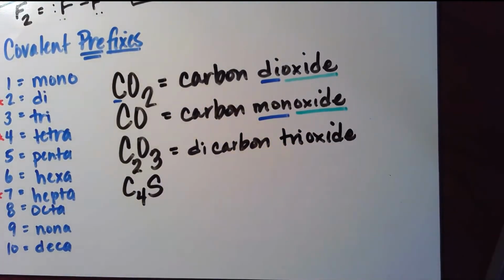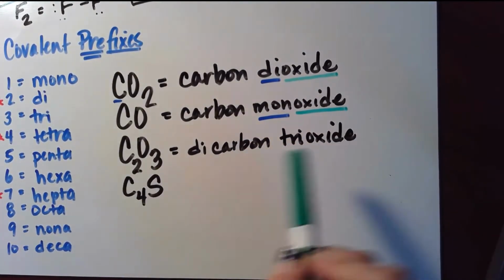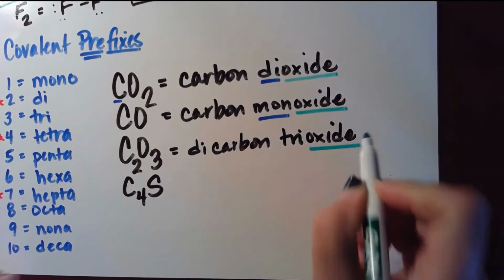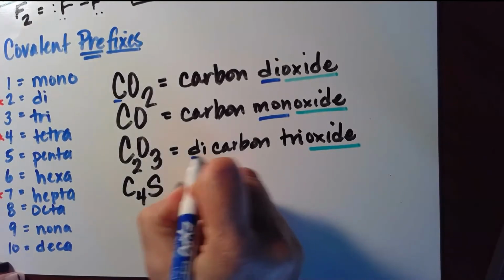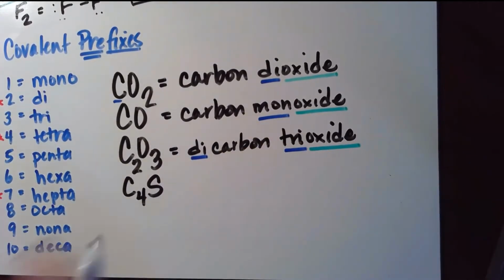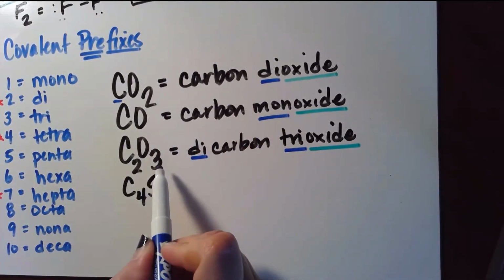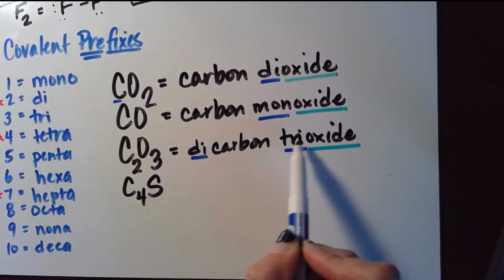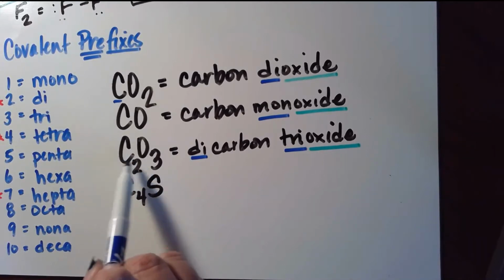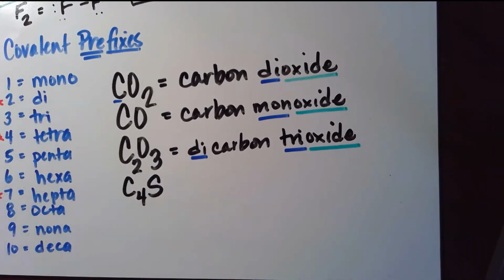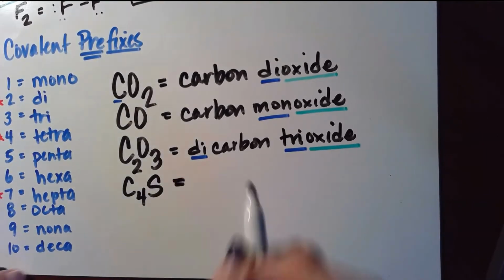So notice again, we have the name carbon, we have the ending oxide, we have the numbers now associated with both of our subscripts, a di and a tri. And again, they are prefixes, so they go before the element, even though the number is after it when it's written in a formula.